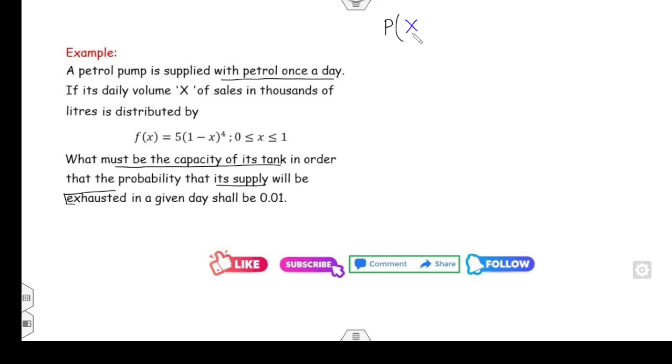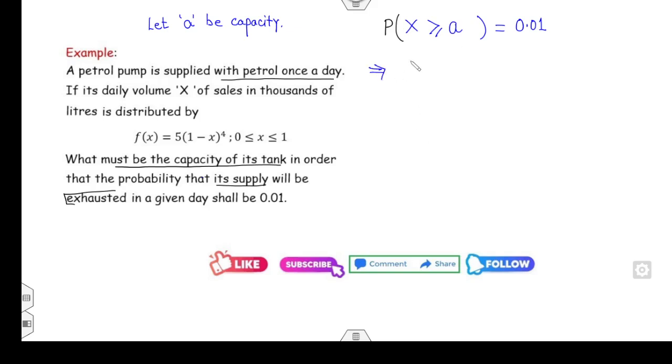So if I consider x, this number is given as a probability. Your target is to find the capacity of the tank so that whenever x is greater than a, if I assume a to be the capacity of the tank, then your target is to find the value of a.